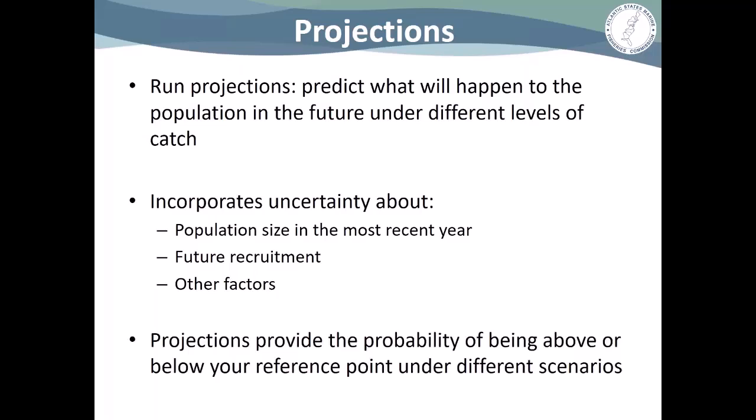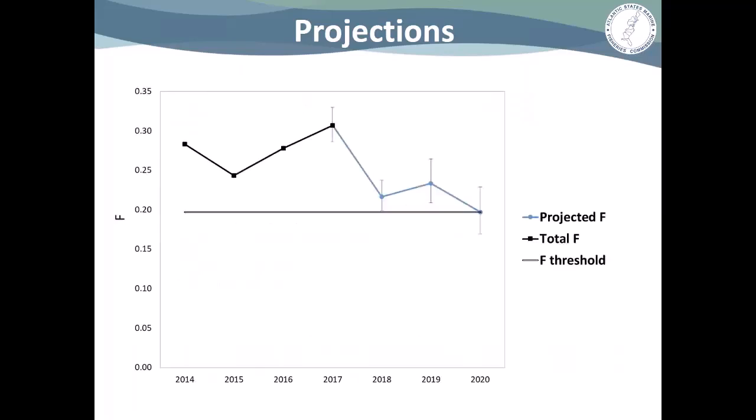So these projections come out, and they're providing the probability of being above or below your reference point under different scenarios. So we don't give you necessarily a single answer. We give you sort of a probability about what's most likely to happen in the future. So this, for example, is something you might see.